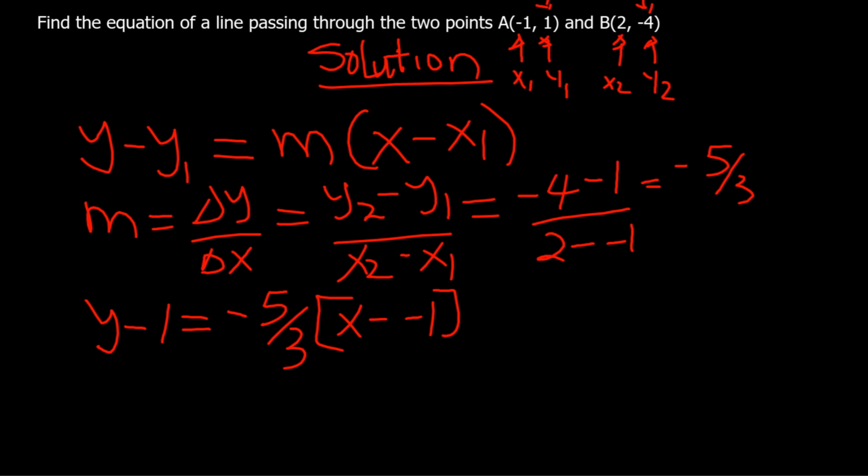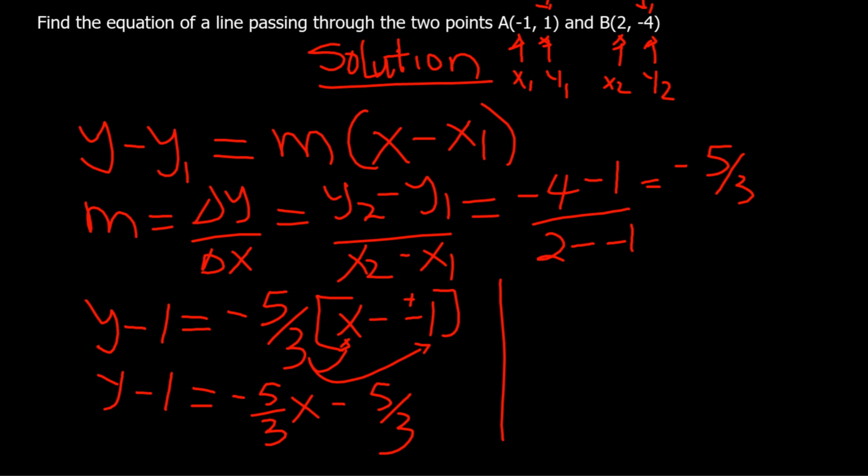So y minus 1 is equal to, we use this to multiply that and this to multiply this. Remember, minus minus is positive, so we have -5 over 3 x. This is positive, so -5 over 3 times +1 will give us -5 over 3.